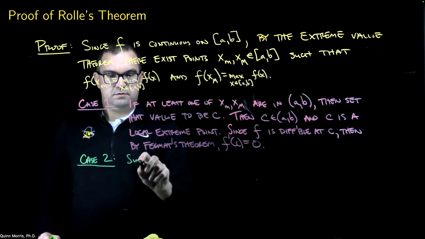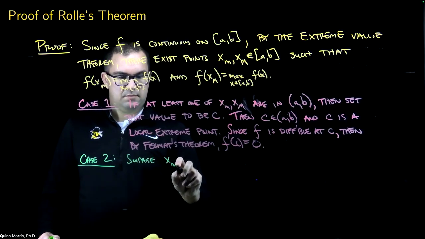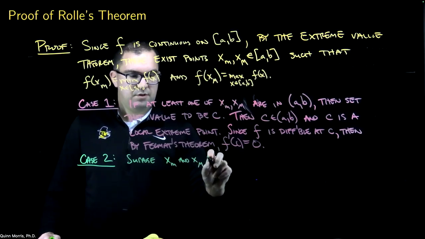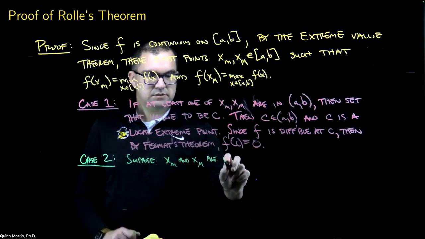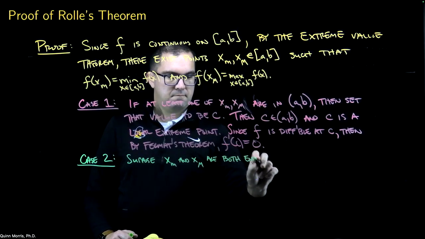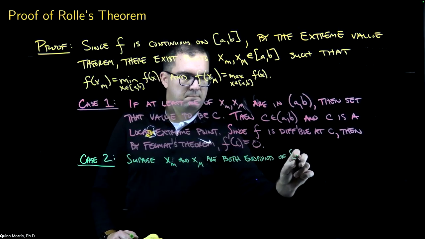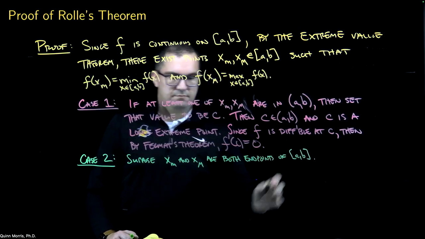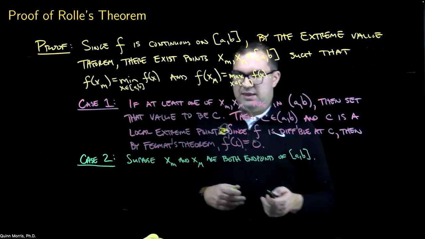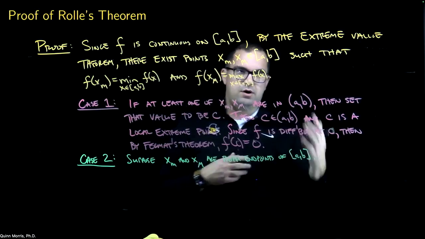So suppose x sub little m and x sub capital M are both endpoints of the interval AB. Okay, so they could both be equal to A, they could both be equal to B. One could be equal to A, one could be equal to B.